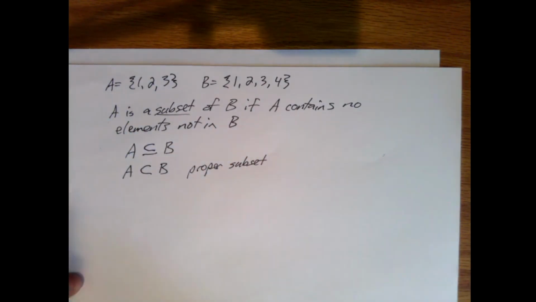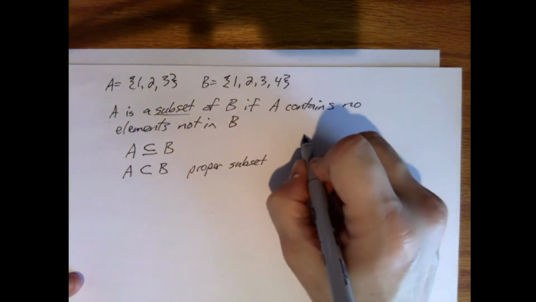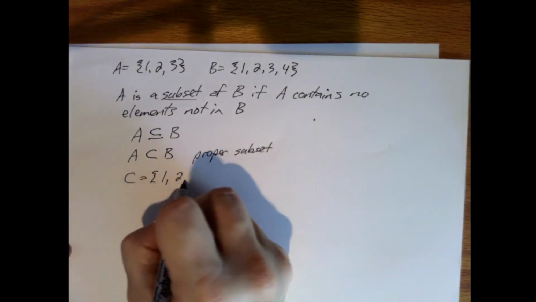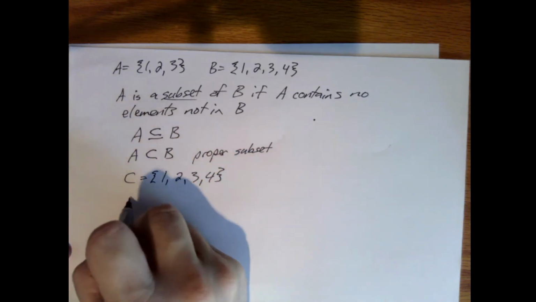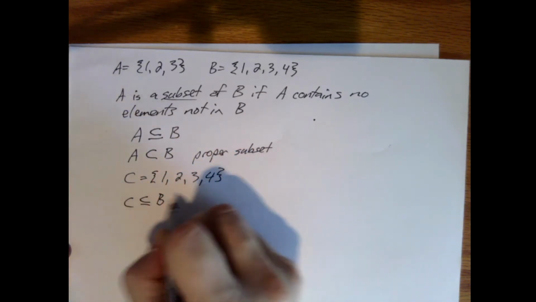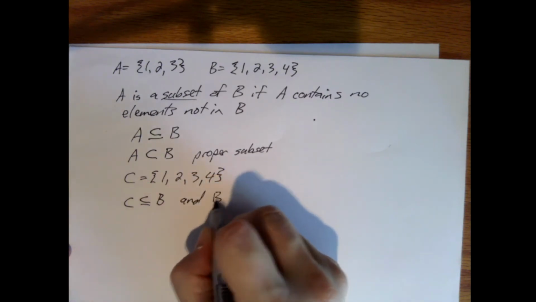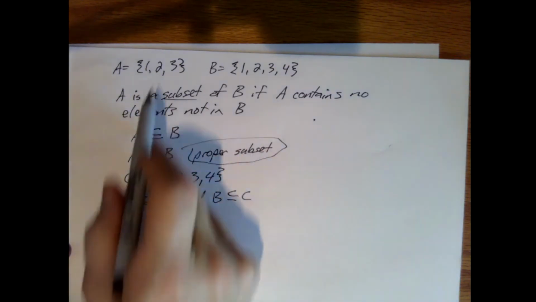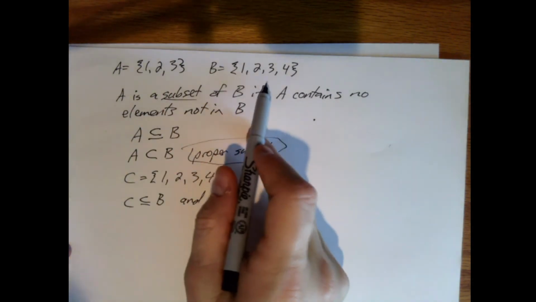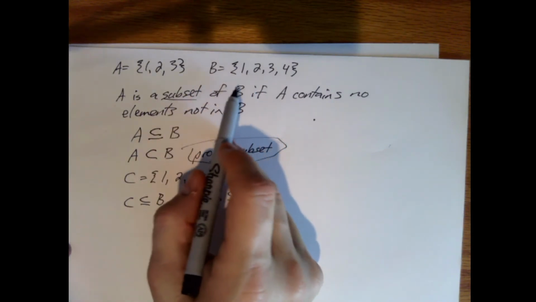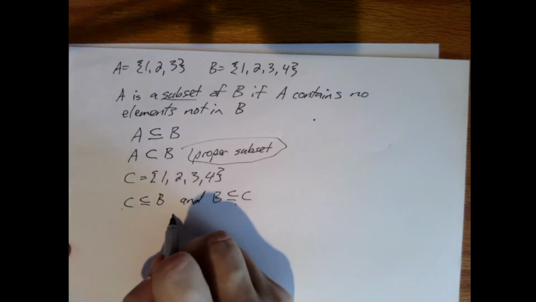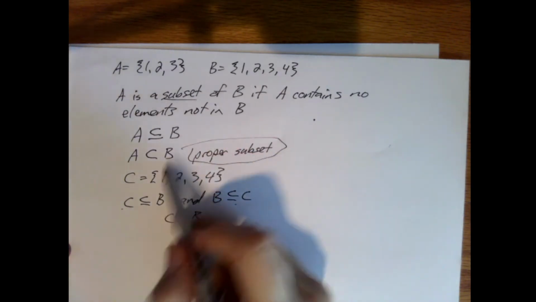But strictly speaking, you could say that C is equal to 1, 2, 3, 4, then it's also true that C is a subset of B, and B is a subset of C. They're not proper subsets, which is what A is, but they are considered subsets. So we don't have to have fewer elements than the other set to be a subset. And because both of these are true, this also means we can conclude that C is equal to B, right? Because 1, 2, 3, 4, same things.